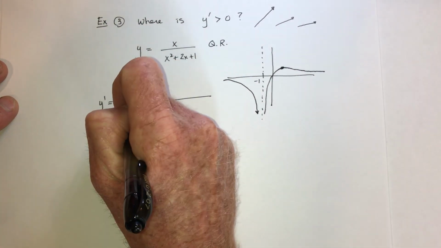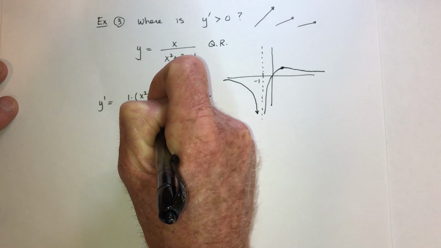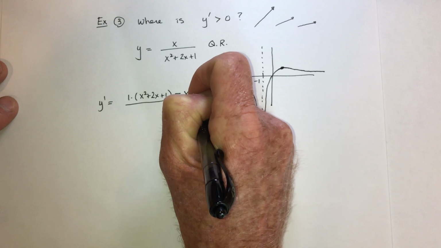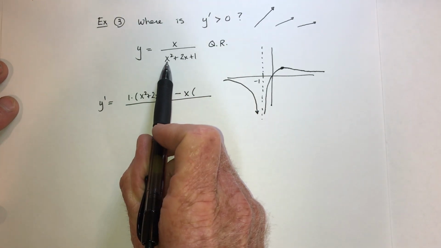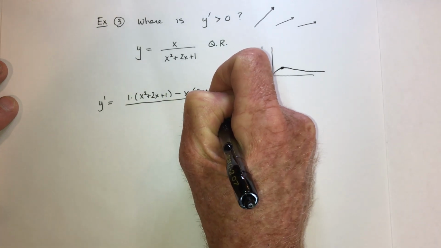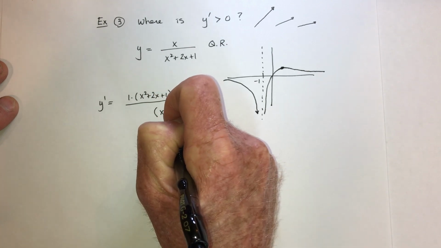The derivative of x is 1, and then leave x squared plus 2x plus 1 alone. Minus, now leave the x alone, and take the derivative of this. Derivative would be 2x plus 2. And then the denominator gets squared.